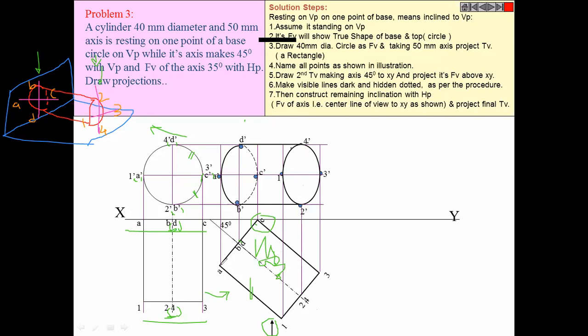Otherwise, everything is outside. This A is outside, B is also outside, and this 2 is also like that. When you see from here, only this you need to see through the solid. That's why every line joining that point will be a dotted line. Clear?